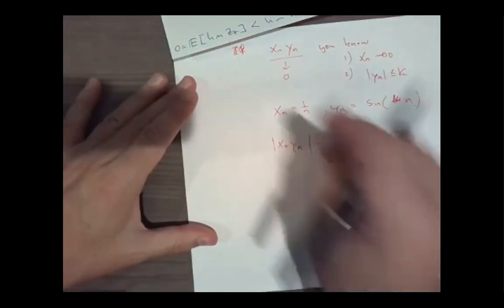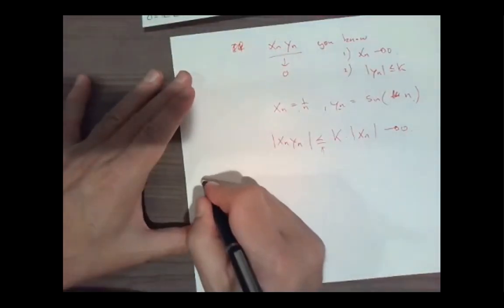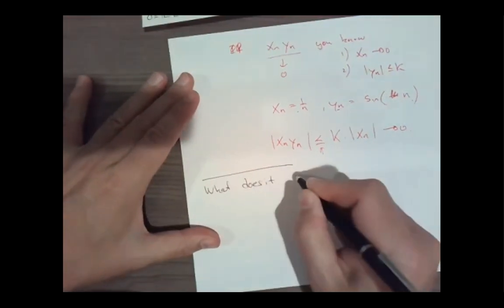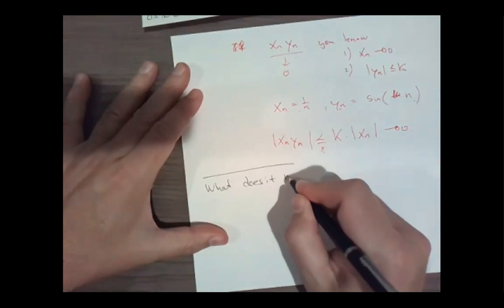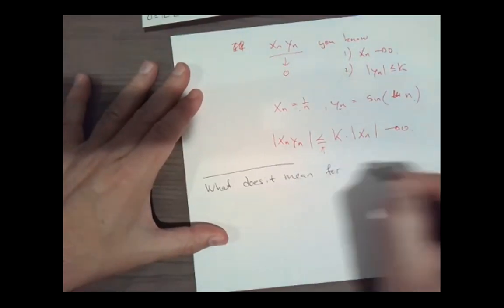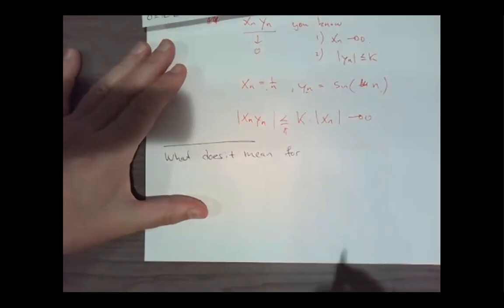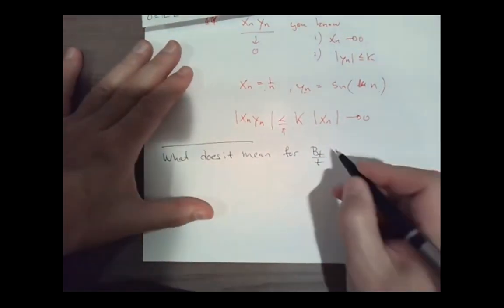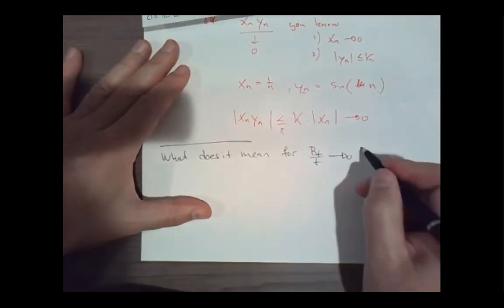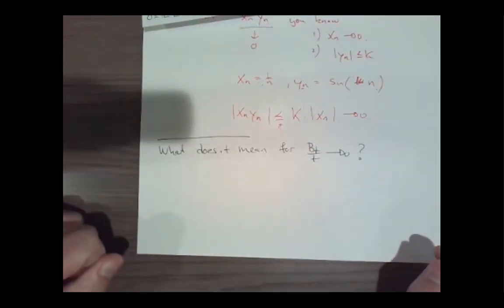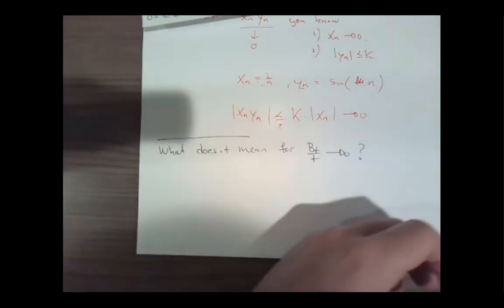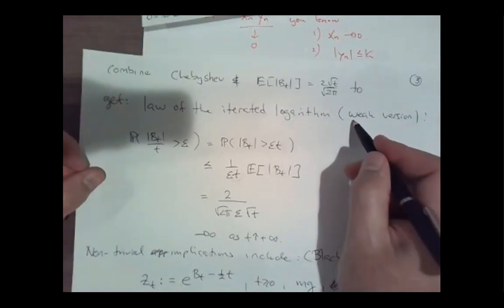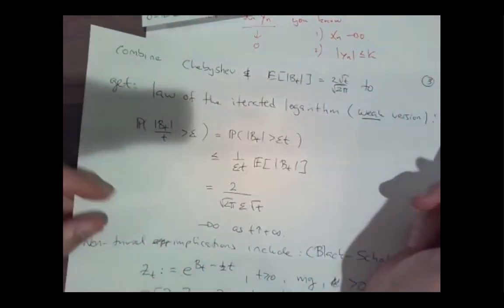So what does it mean for B_t divided by t to go to 0? I tried to hedge a little bit here because I said this was a weak version.